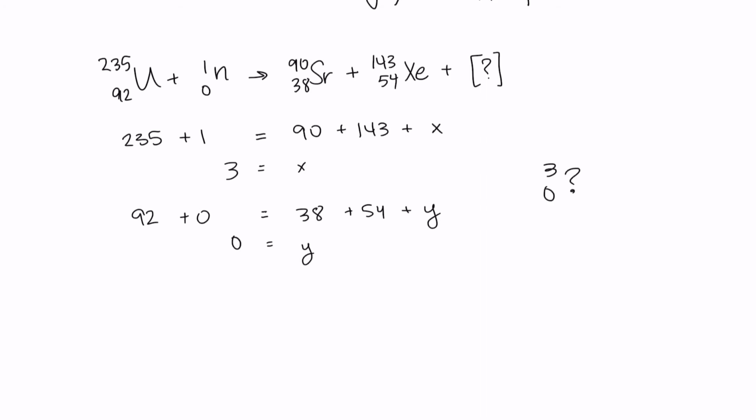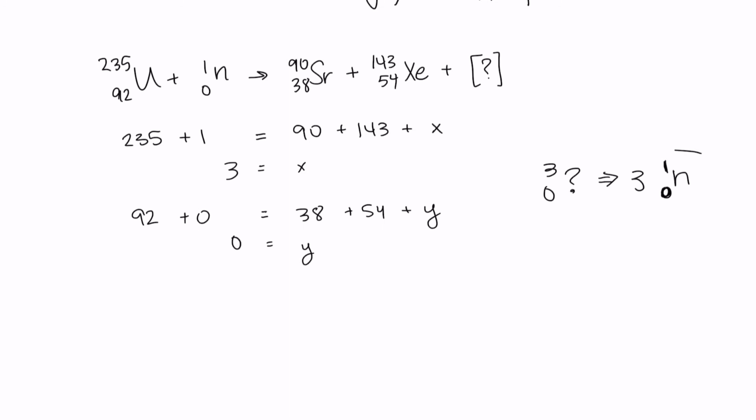Well, it turns out that's not really a thing. It's not a single particle, but it can be 3 neutrons. They have a charge of 0 and a mass of 1. So if you see something with a charge of 0, you should think neutron because that's like an uncharged particle.